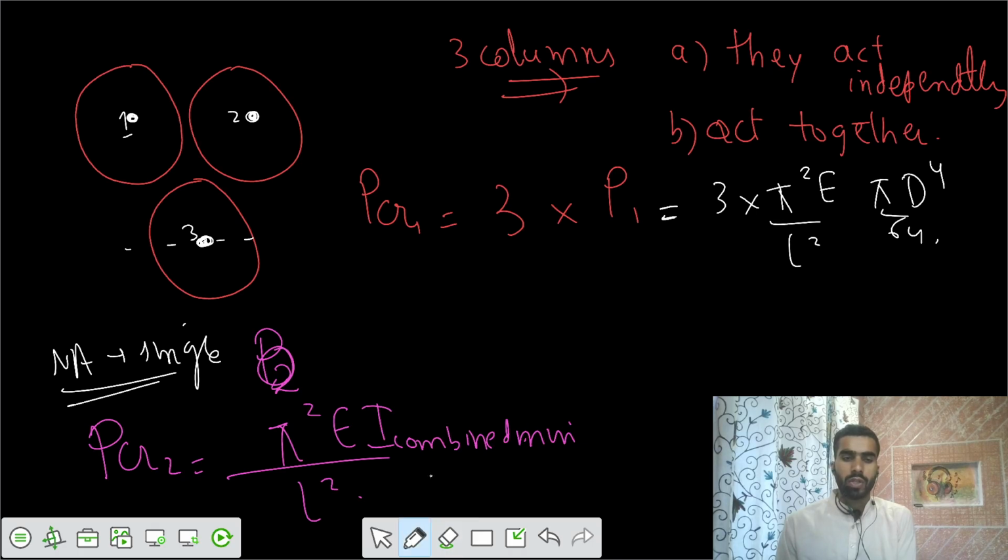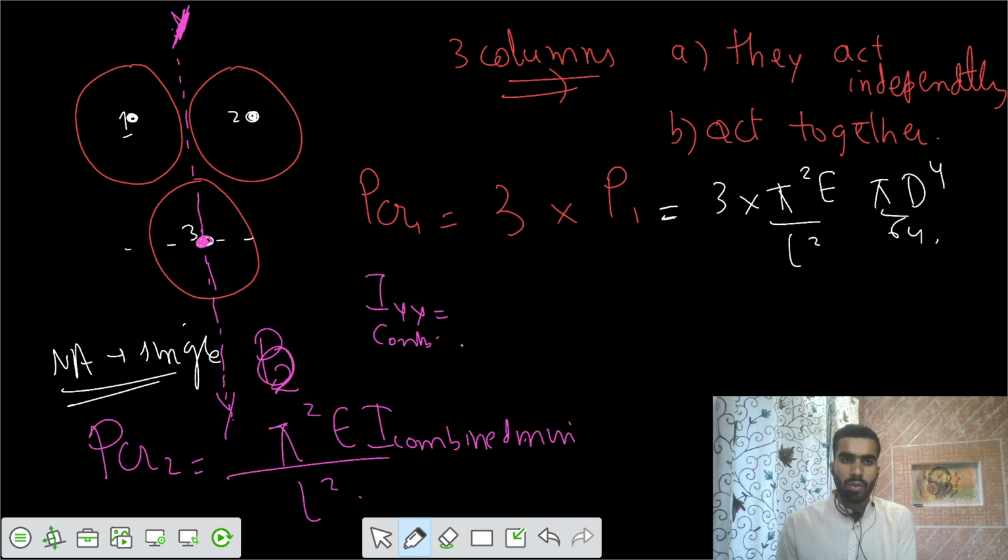So what should be the value of I combined minimum? Along which axis should you take it? There are two possibilities. If I take that combined effect about this axis, let's say this is some y-axis, what is the value of I, y, y combined? The centroid of that third column is along that line.